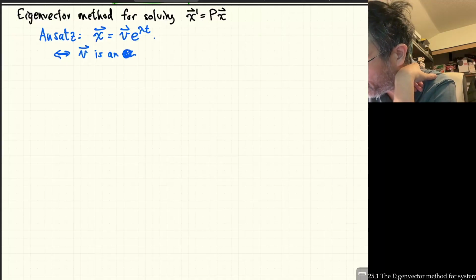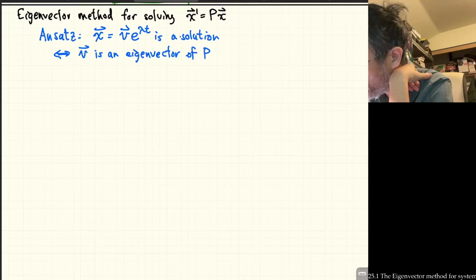So this is a solution, I should say, if v is an eigenvector of P with eigenvalue lambda.